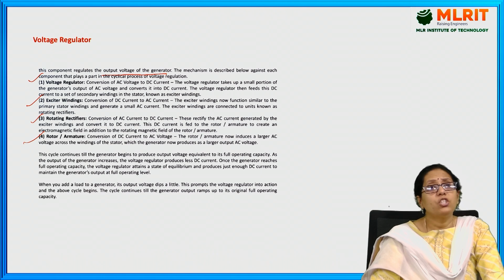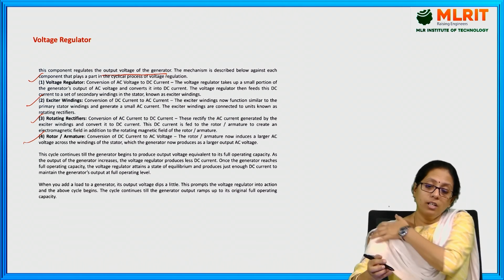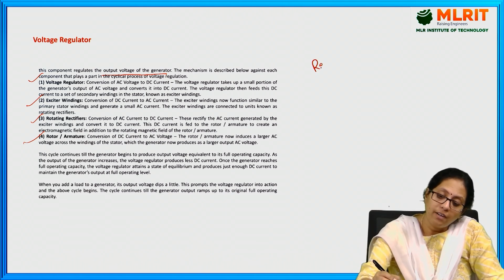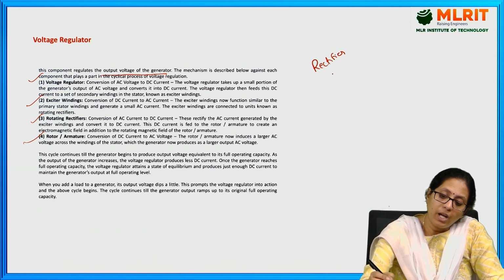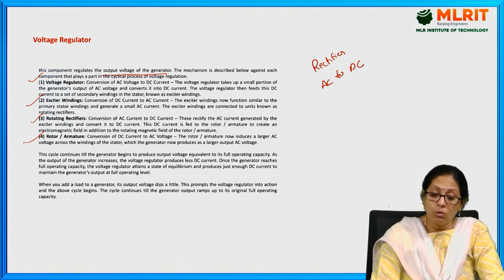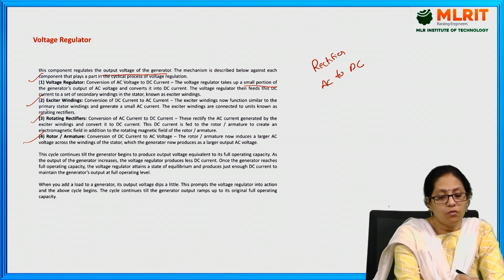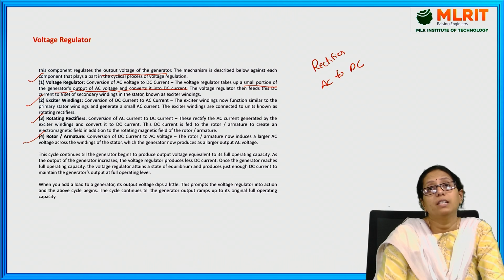It takes AC voltage and converts it to DC current. That means the voltage regulator, or you may call it a rectifier, converts AC to DC. So first the conversion is done, that is AC to DC, and the voltage regulator takes a small portion of the generator output AC voltage and converts it to DC current.